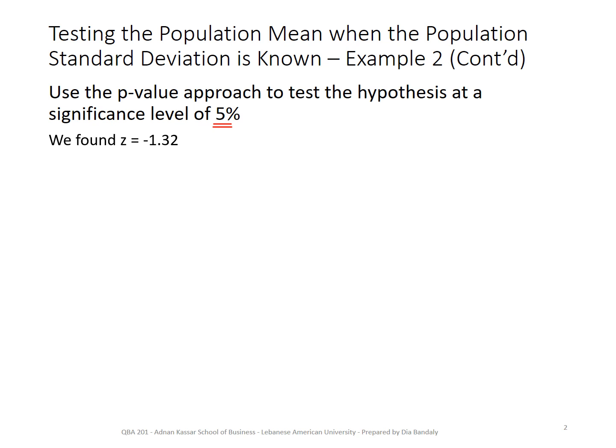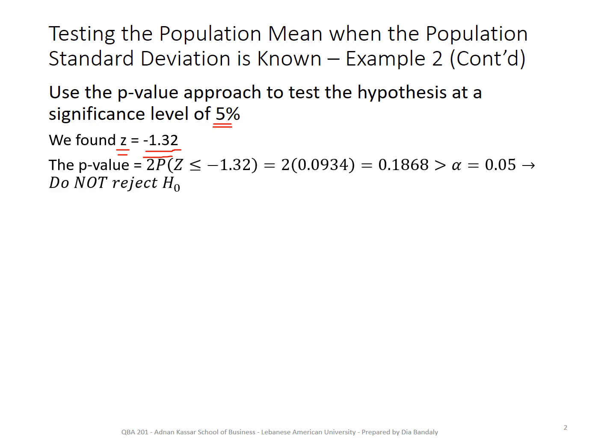So what we have found is our test statistic, which comes from the sample mean, to be minus 1.32. The question is, because this is negative, how probable is it that we'll see something like that? In other words, what is the probability that z is less than minus 1.32? This will be our p-value, right?